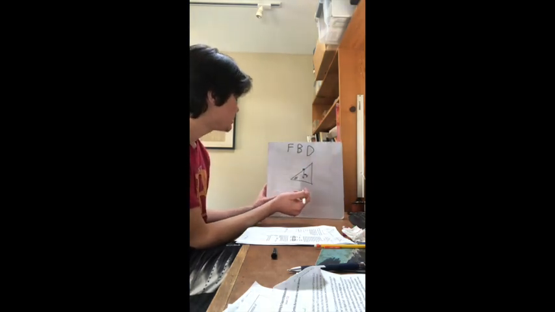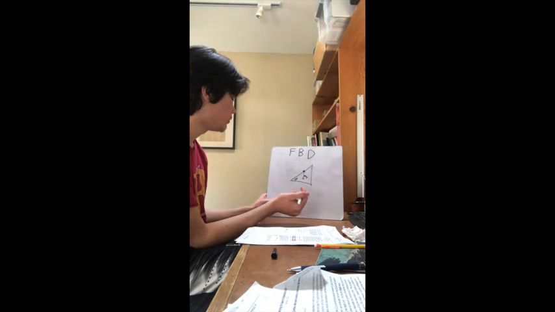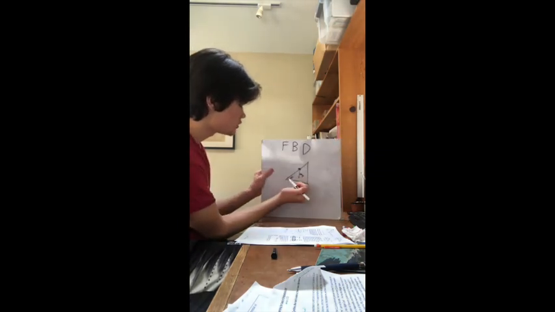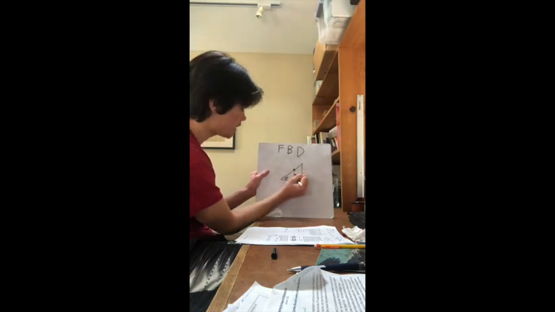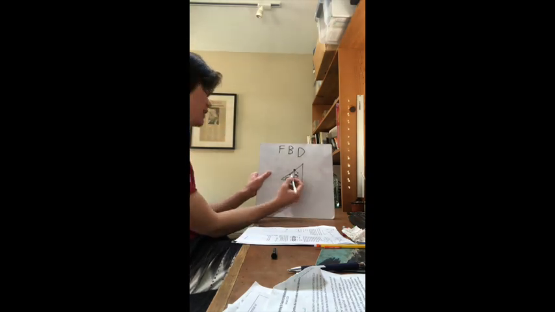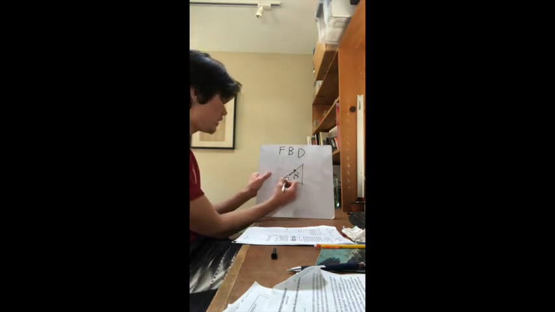The idea here is to separate it into components. So this gravity vector can instead be expressed by an inward vector here, and a downward vector here. And to calculate the value of these vectors, we just use the theta here.